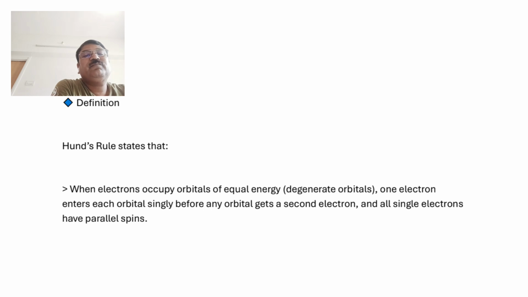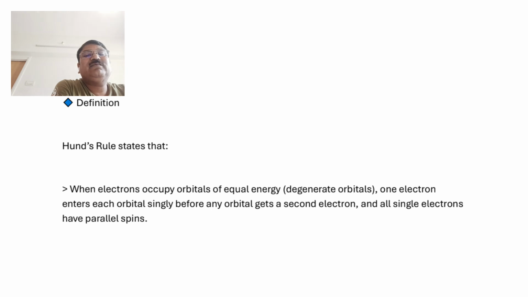According to this rule, when electrons occupy orbitals of equal energy level, this is very important, px, py and pz being the equal energy level, one electron enters in each single orbital. Whenever all equal energy orbitals have the same number of electrons, that is 1, then the next electron is entered and pairing starts.